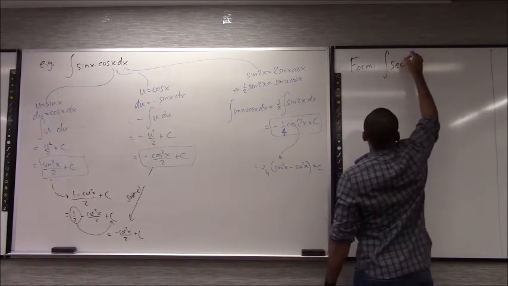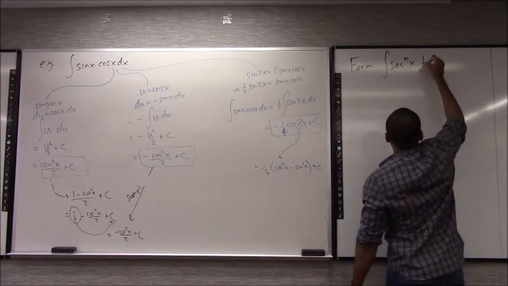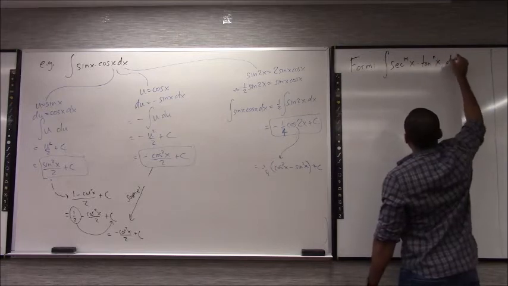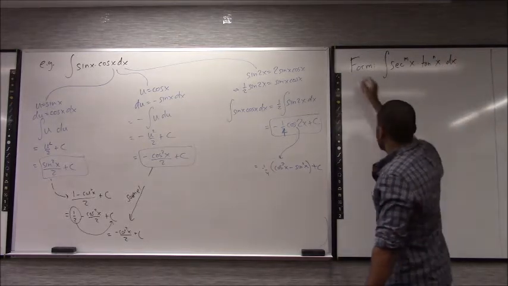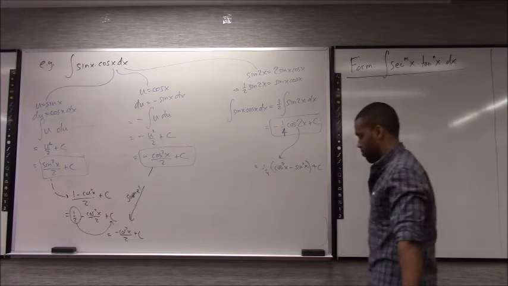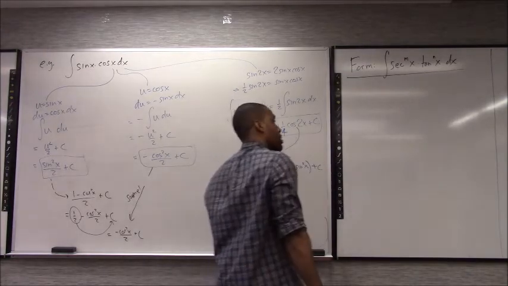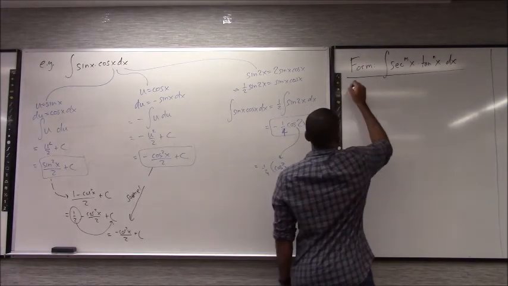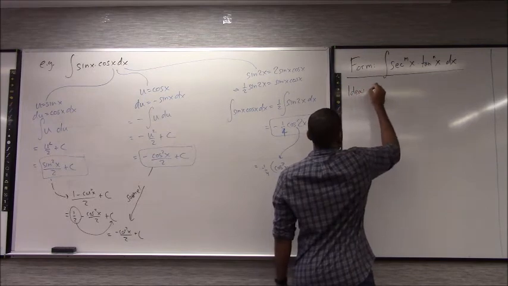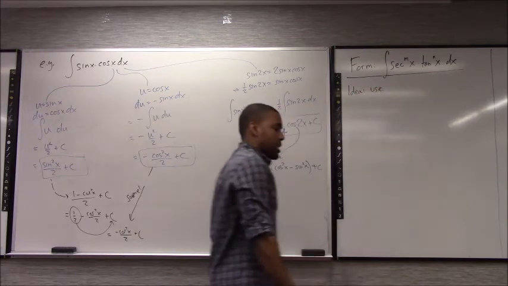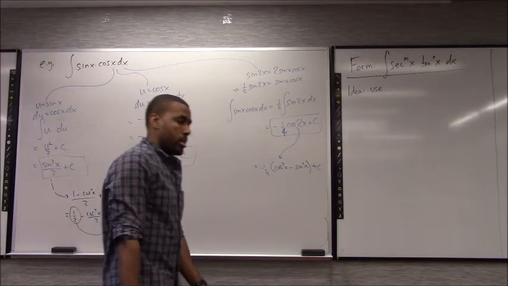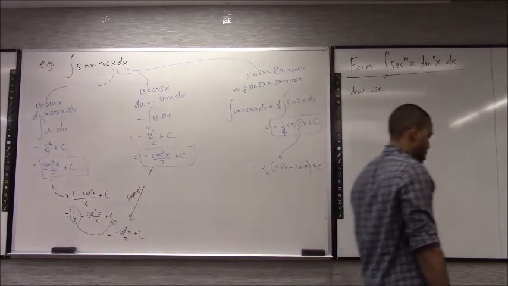So secant mx times tangent nx. Of course the idea here is to use an identity that relates tangent to secant. It's one of the Pythagorean identities.